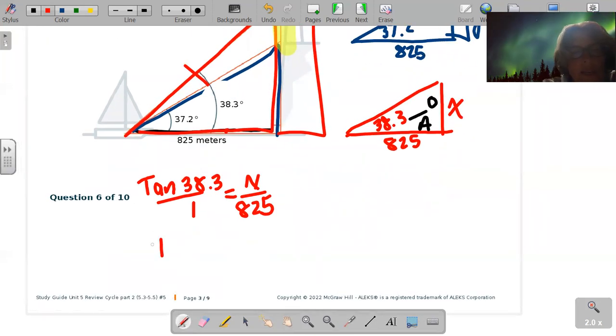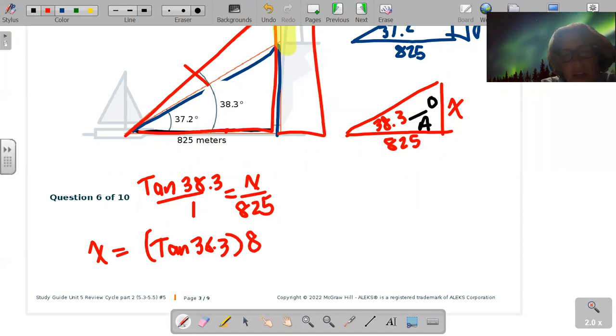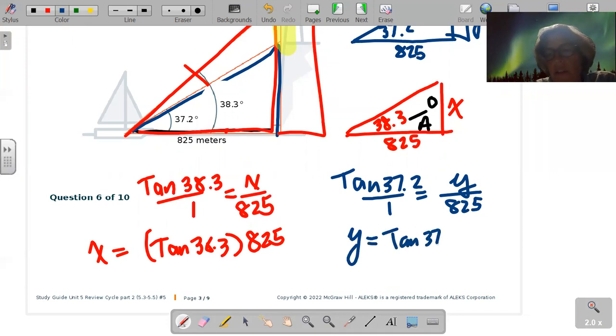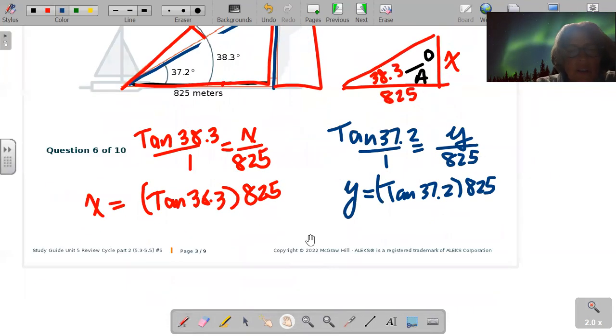So x equals the tan of 38.3 times 825, and the y is going to be tan of 37.2 over 1 equals y over 825. So y equals tan 37.2 times 825.